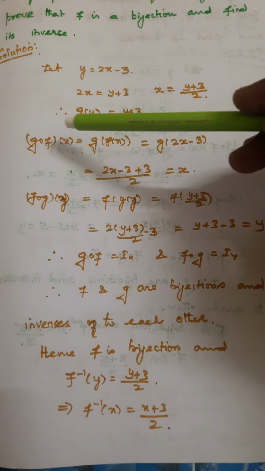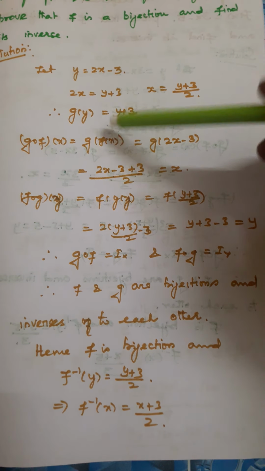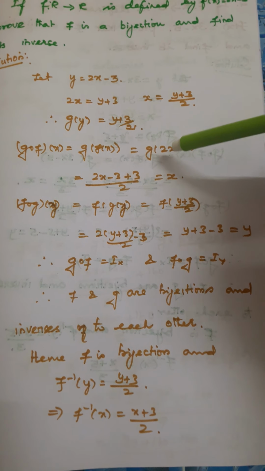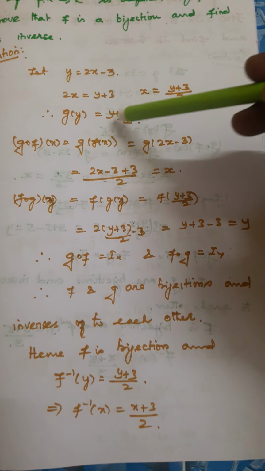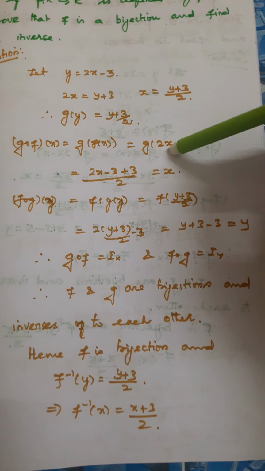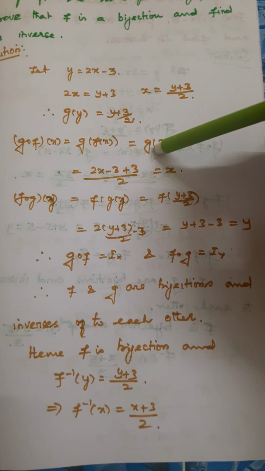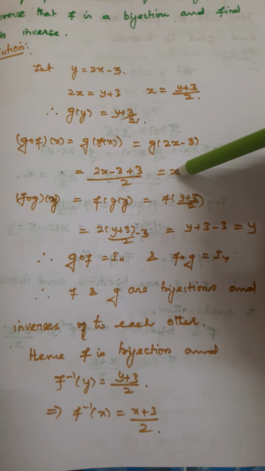Now I come to g composite f of x. This is g of f of x. f of x gives 2x minus 3. g gives y plus 3 by 2, so it is 2x minus 3 plus 3 by 2. This is from your composition of functions from the last class. Minus 3 plus 3 cancel, equal to x.